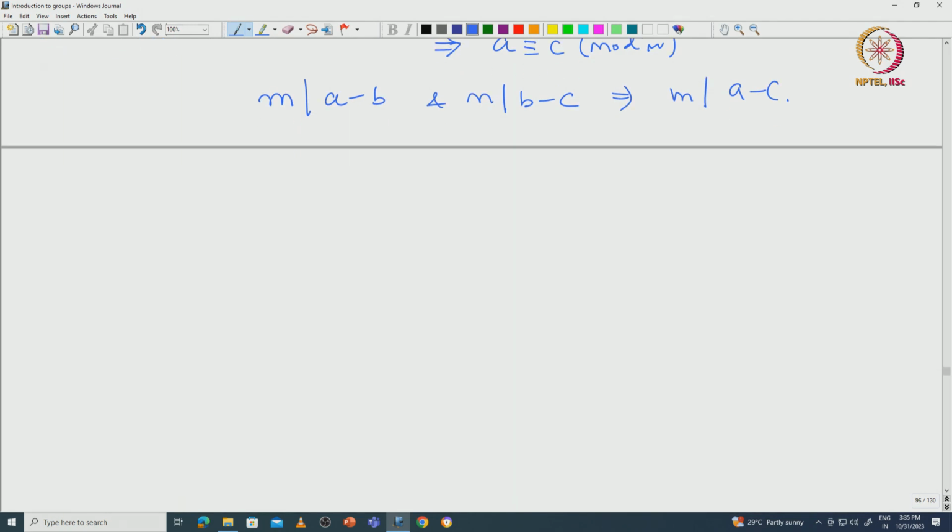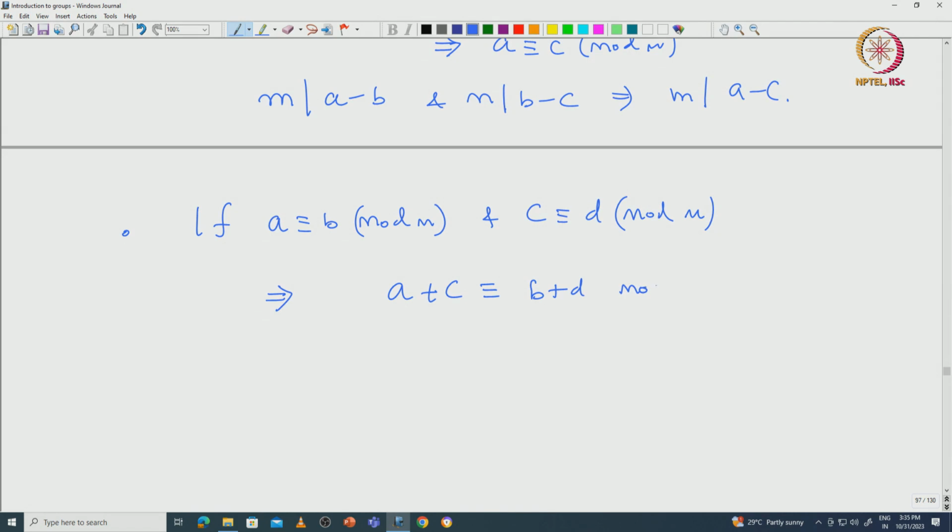For example, you have addition and multiplication in the integers, so we can see how it behaves with respect to them. If a is congruent to b modulo m and c is congruent to d modulo m, then you immediately get that a plus c is congruent to b plus d modulo m.